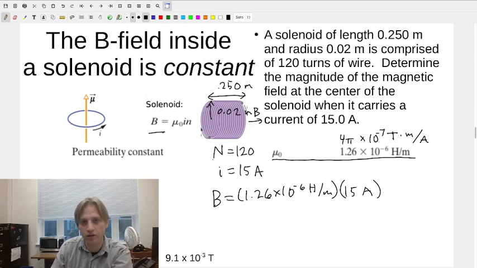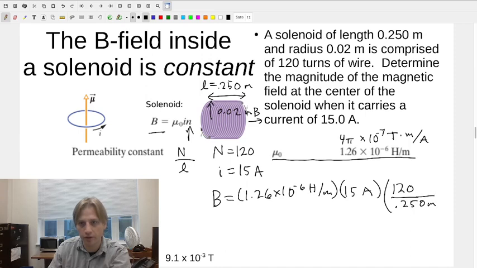If you're not careful, that looks like it's going to be just 120, but in fact, that is secretly the number of loops per unit length. So you're going to have to use this unit length, and this would be 120 over 0.250 meters. Then you can stick all the numbers in there, and you should get something around 9.1 times 10 to the minus 3 Tesla.